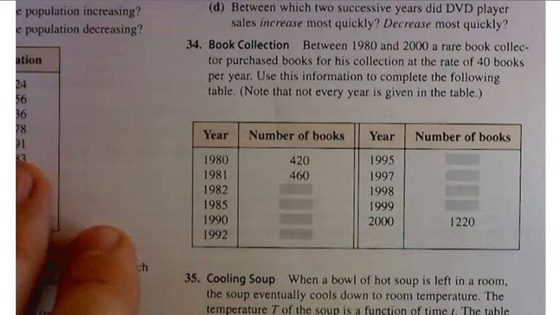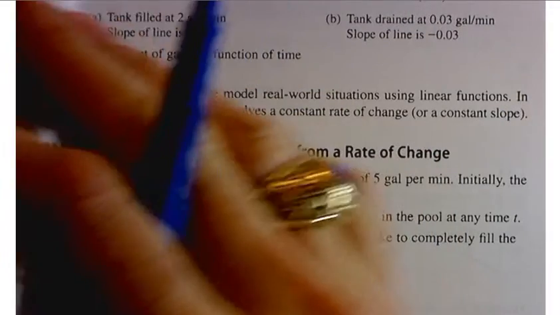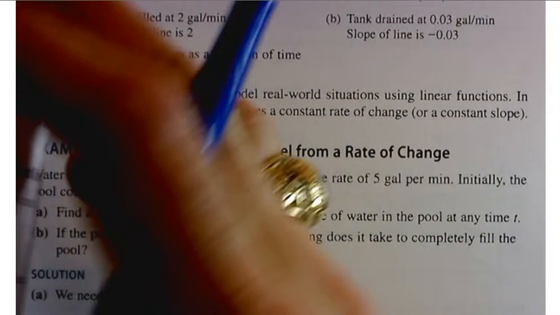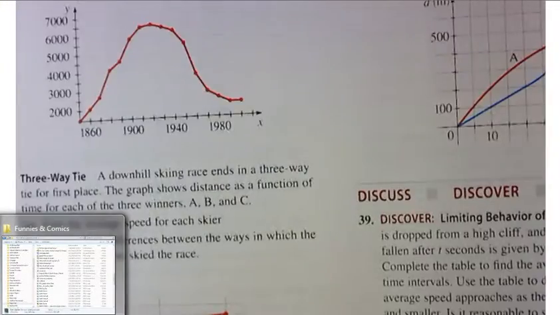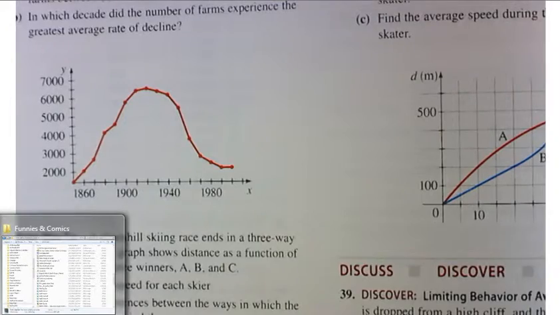Problem number 36. So we have farms in the United States between 1850 and 2000. It says estimate the rate of change between 1860 and 1890, and 1950 and 1970.